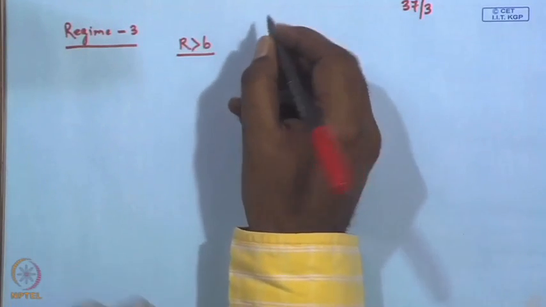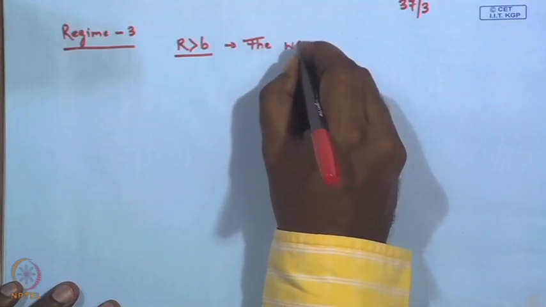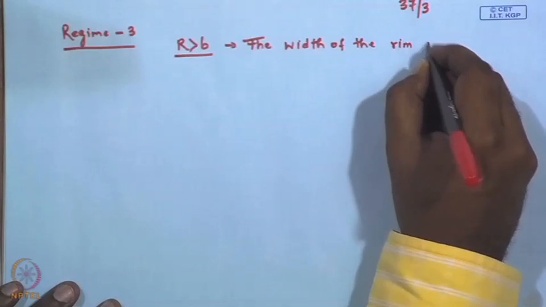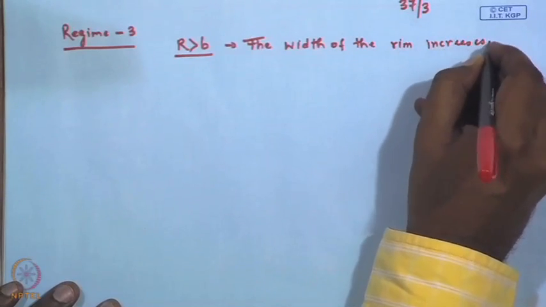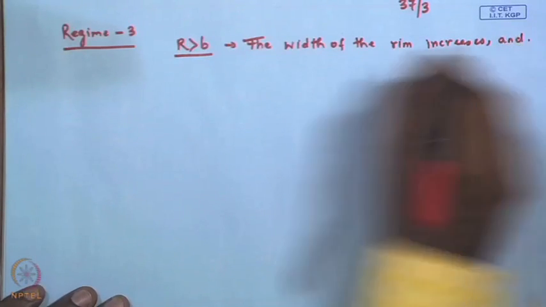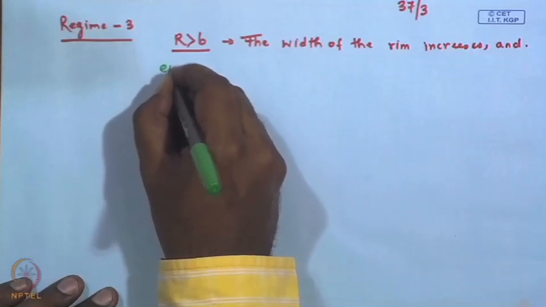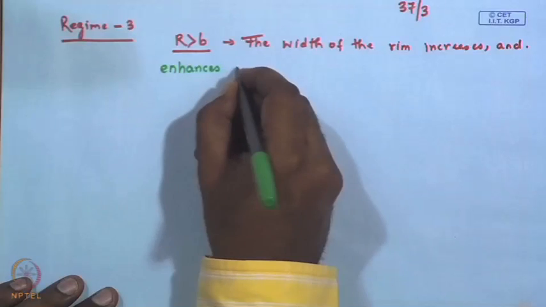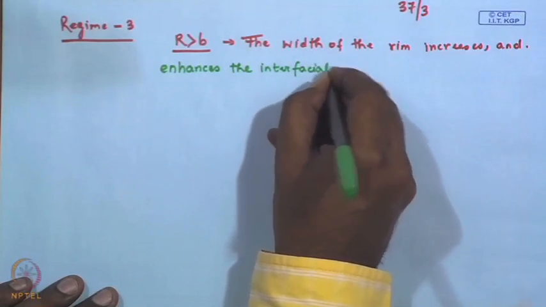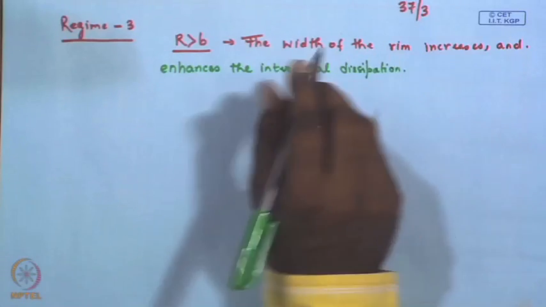What happens is the width of the rim increases now, the width of the rim increases and enhances the interfacial dissipation. Okay.